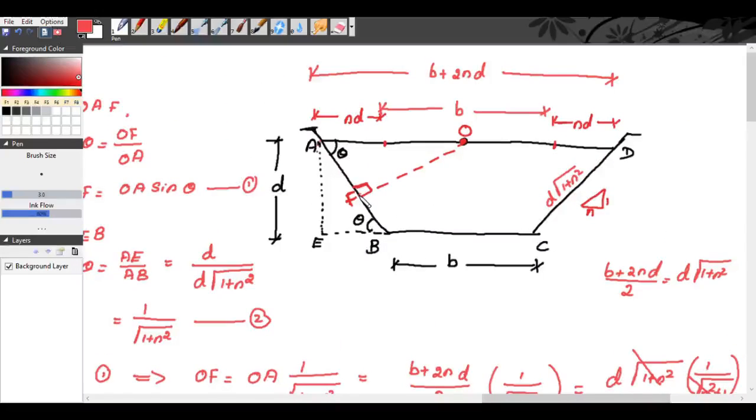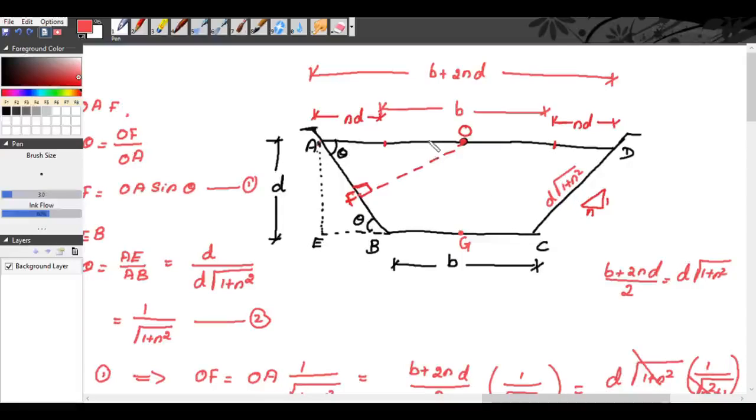OF is equal to D, that means OF is equal to the depth of flow. So you can take here G, OG is equal to D. If you take the midpoint here, we can take it as H, OH will be equal to D.